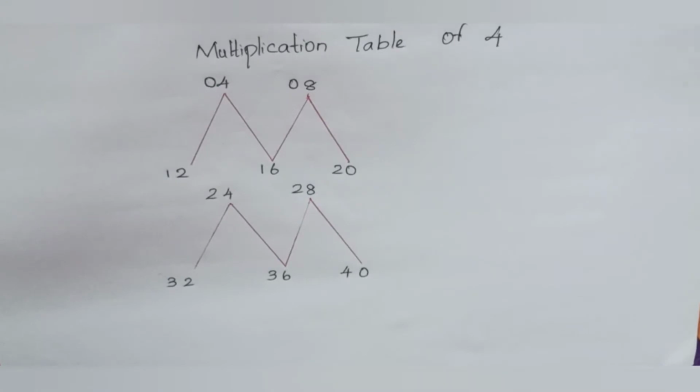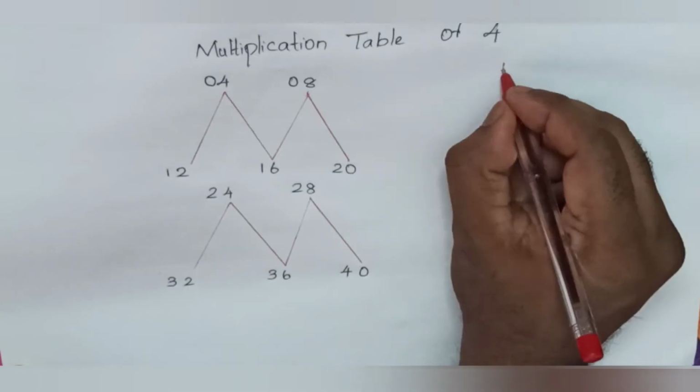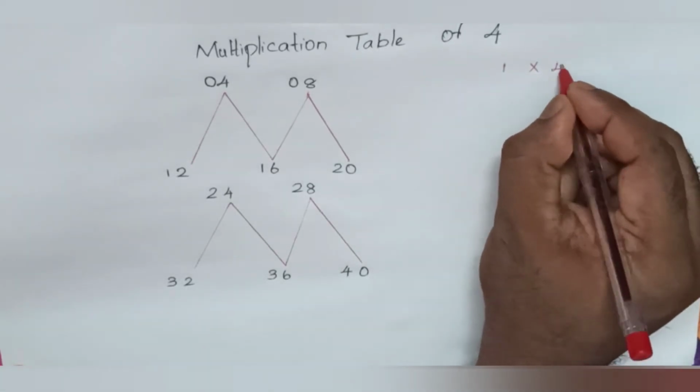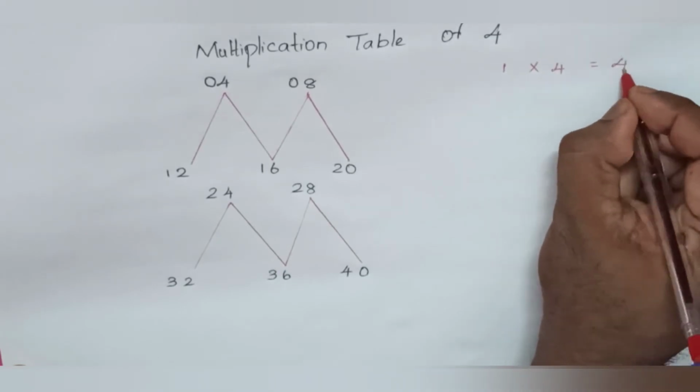Now let me see the table. 1 into 4 equal to 4.